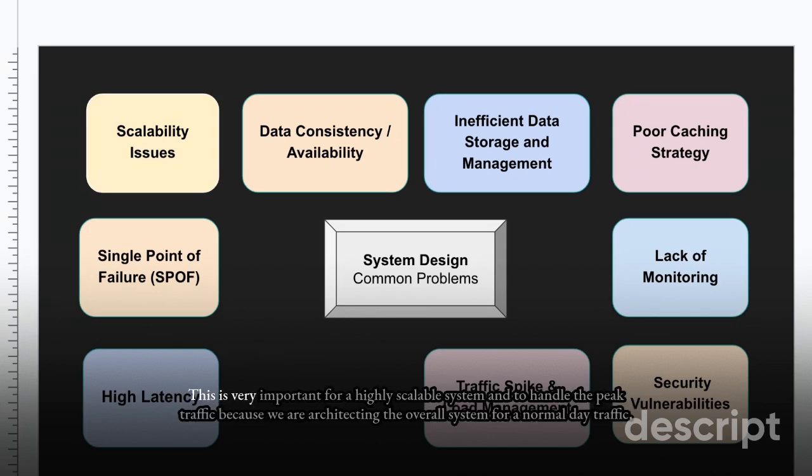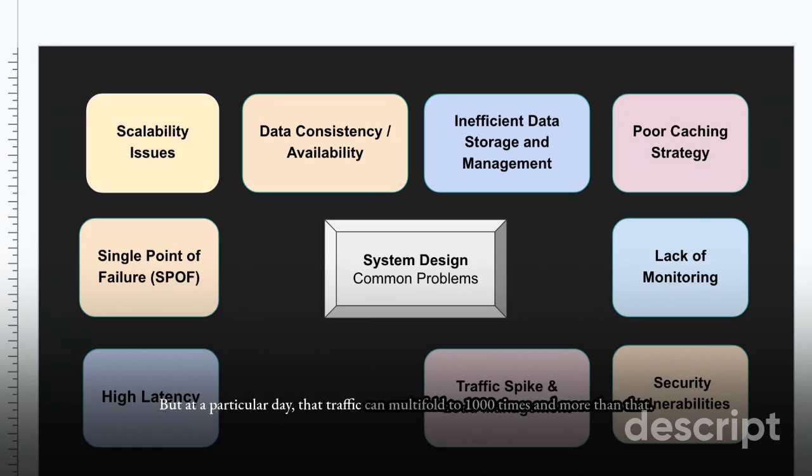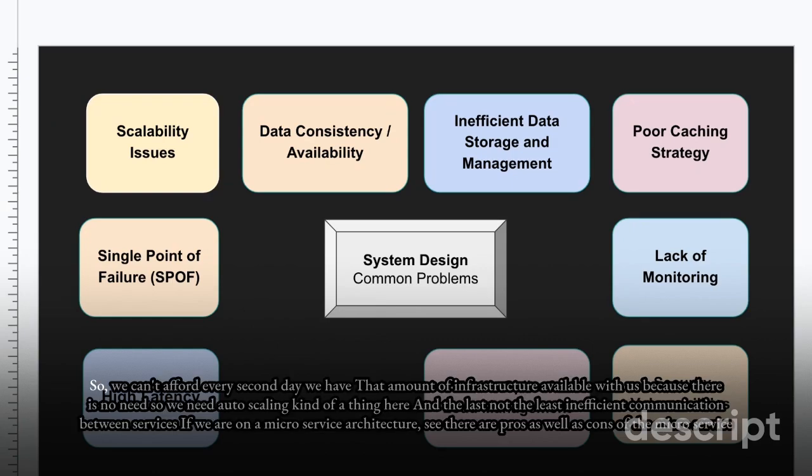So this is very important for a highly scalable system and to handle peak traffic, because we are architecting the overall system for normal day traffic. But on a particular day, that traffic can multiply to 1,000 times and more. We can't afford to have that amount of infrastructure available every second day because there is no need. So we need auto scaling here.